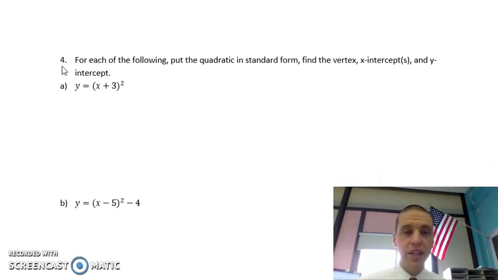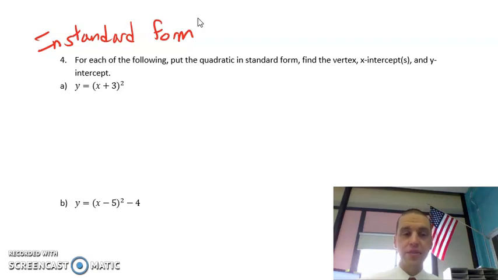I would like you to write each of number 4 in standard form. I don't want you to do anything else, but I want you to write them in standard form. It's going to save us time in class. So for all of 4, you're writing in standard form, the same thing we did in the first column above. So you're going to complete the first one and the last one, write all of number 4 in standard form, and finish number 2 up.